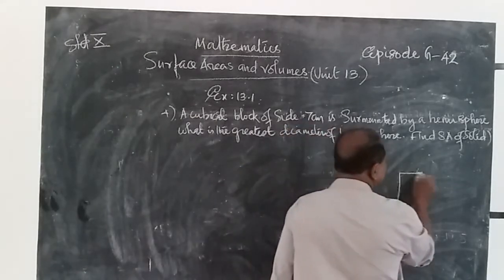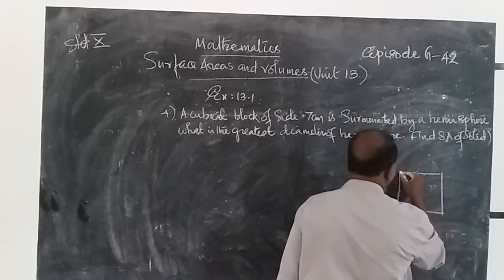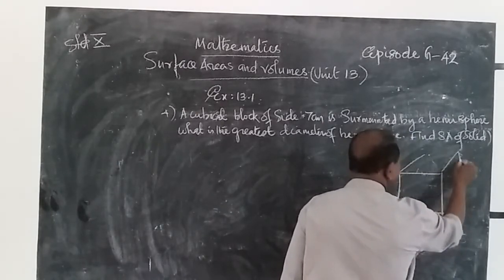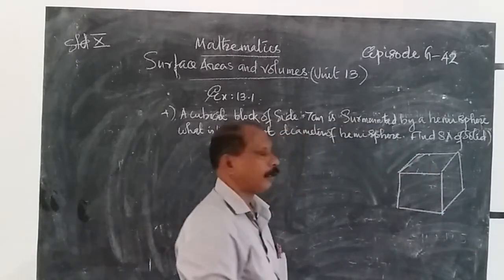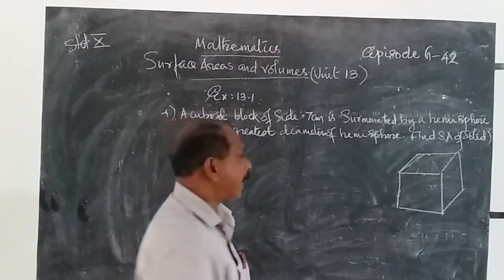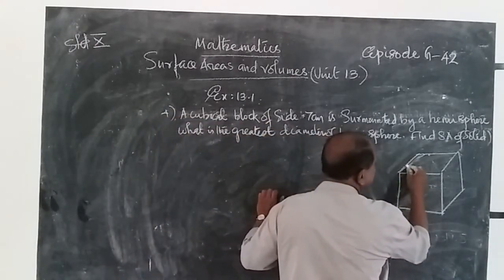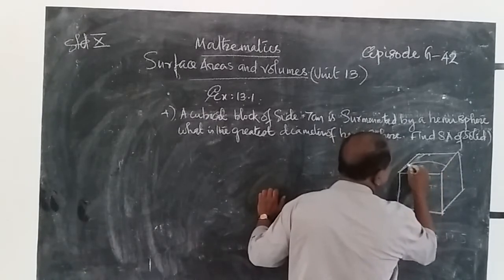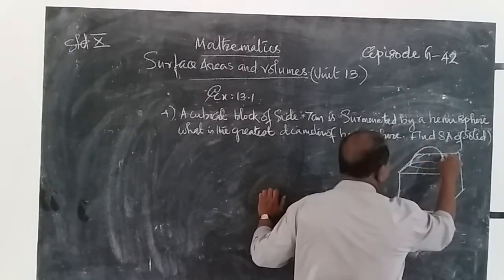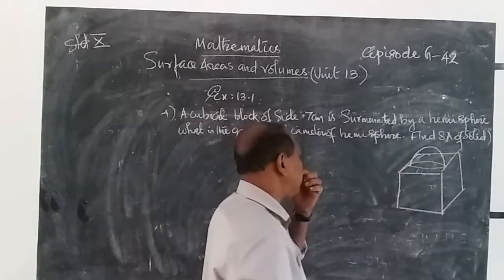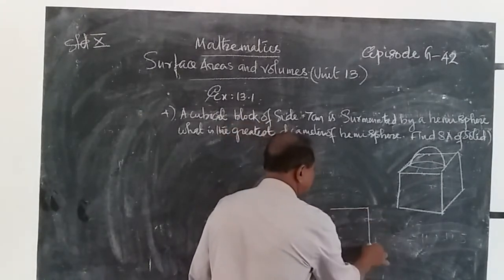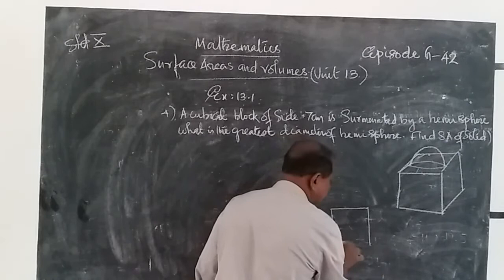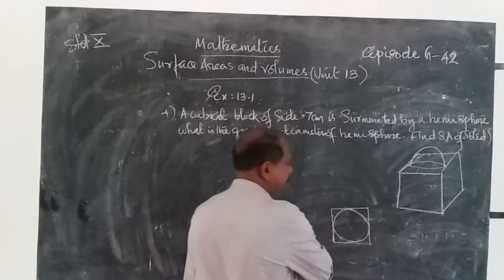Listen. This is the cubical box. A hemisphere is surmounted, that means there is a hemisphere on it. This is the top surface. This is the base of the hemisphere. Clear?